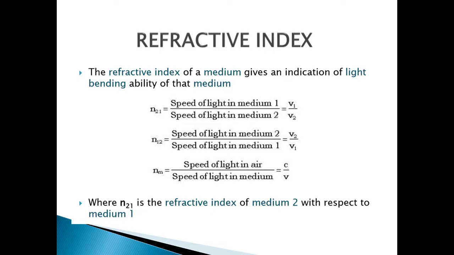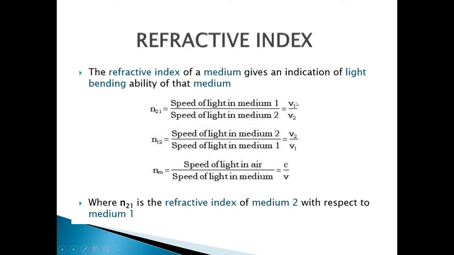Coming to refractive index. Refractive index is the ratio between medium 1 and medium 2. When light travels, its speed changes. How does the speed change when it travels from 1 to 2? Here N21 represents the speed change from medium 1 to medium 2: the speed of the light in medium 1 to the speed of the light in medium 2.